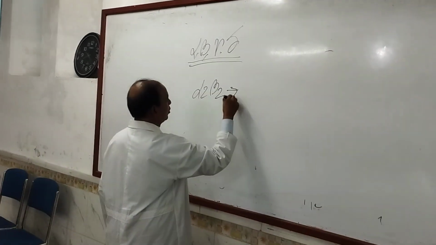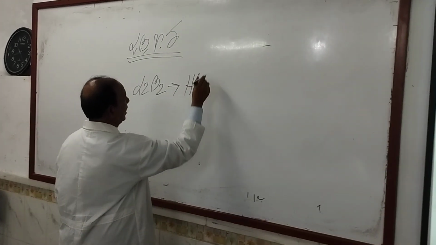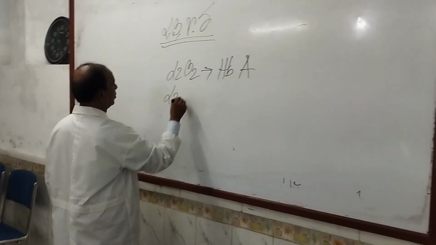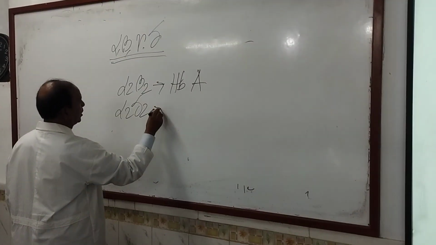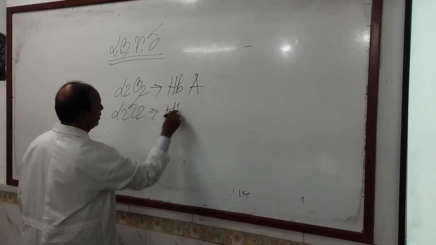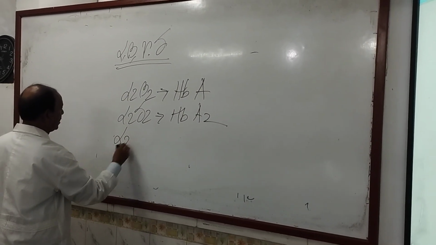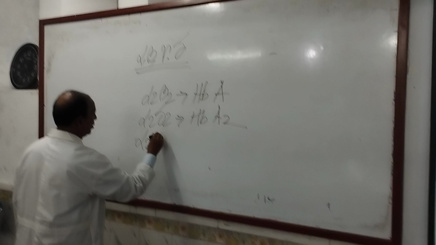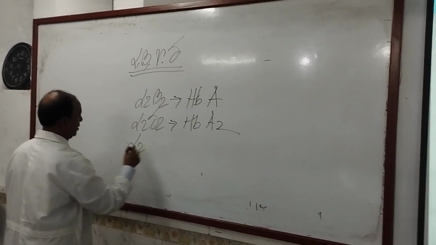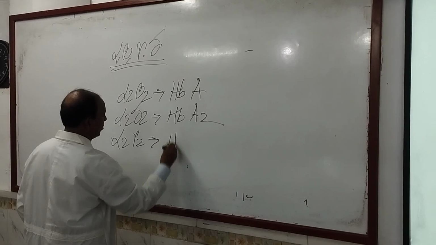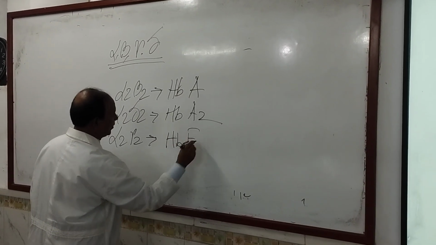2 alpha and 2 beta chains constitute hemoglobin A. 2 alpha and 2 delta chains constitute hemoglobin A2, and 2 alpha chains and 2 gamma chains constitute fetal hemoglobin.